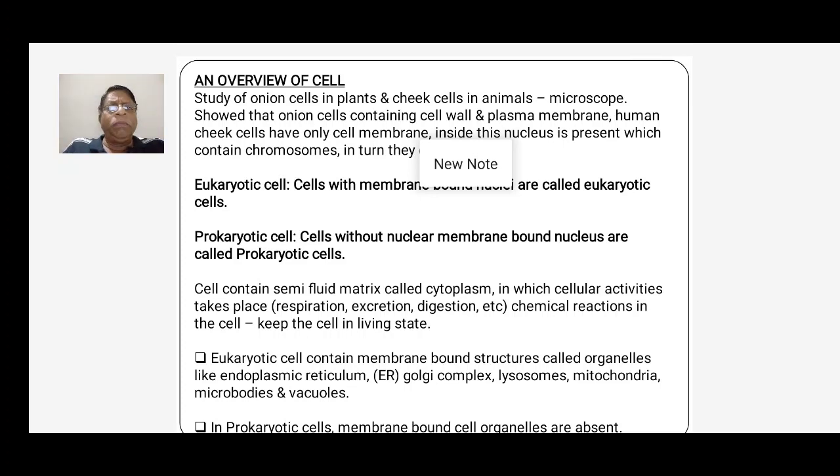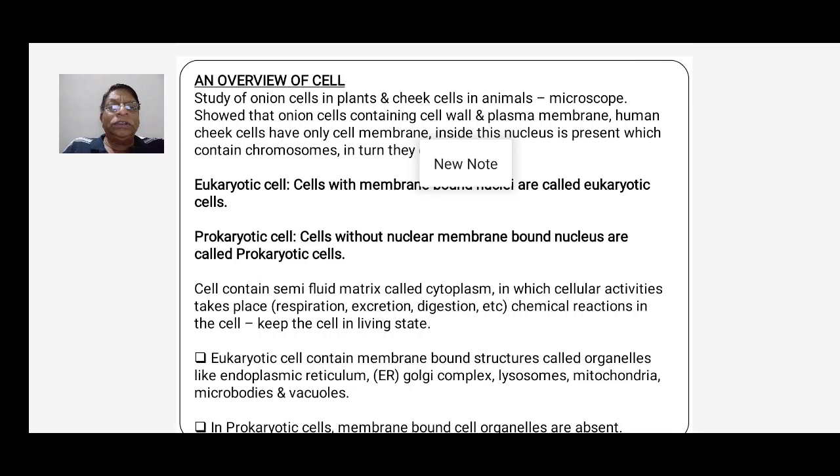The plasma membrane is also called cell membrane. Thus, the plant onion cell shows 2 layers, outer cell wall and inner plasma membrane.